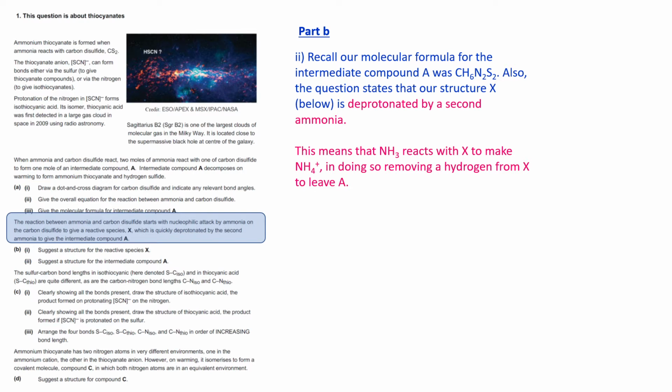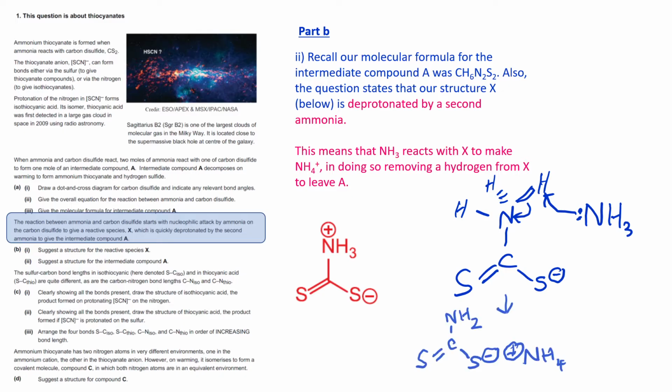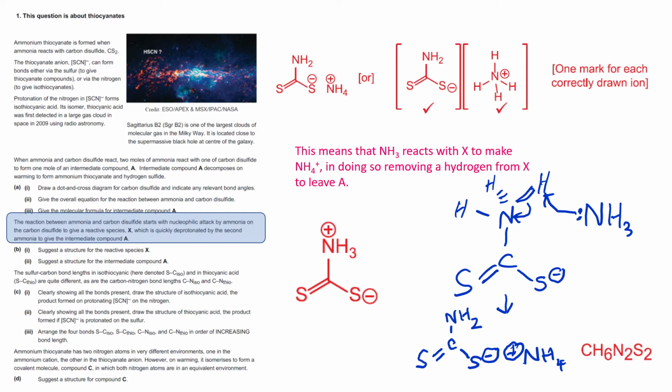That means that NH3 reacts with X to make NH4+, in doing so removing a hydrogen from X to leave A. Okay, so this is our structure X. This would be ammonia coming along, deprotonating by removing a hydrogen. That puts 2 electrons from that bond back onto the nitrogen, which gives us that structure at the bottom, which is CH6N2S2. And you can see from the top mark scheme that matches one of the options that we've got.